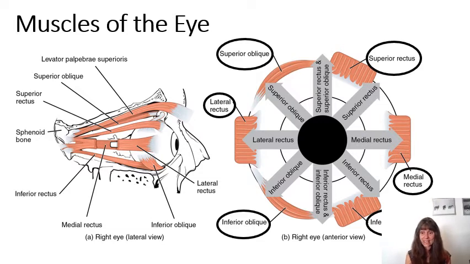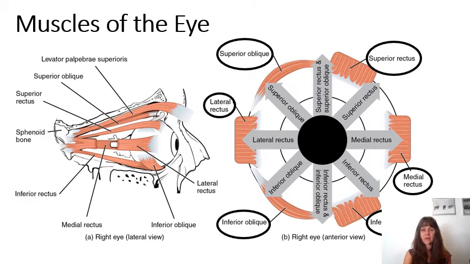There are 6 extrinsic eye muscles that move your eyes in different directions. We can move our eyes to the side, laterally, or medially, up, down, at angles.